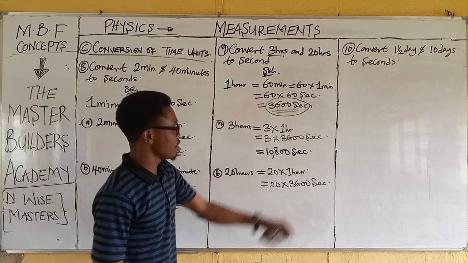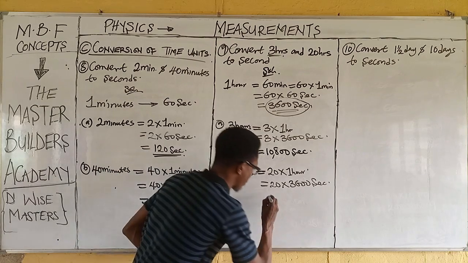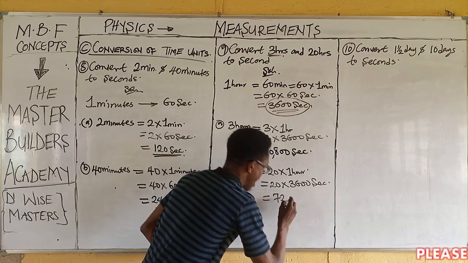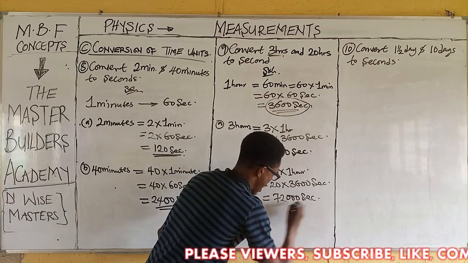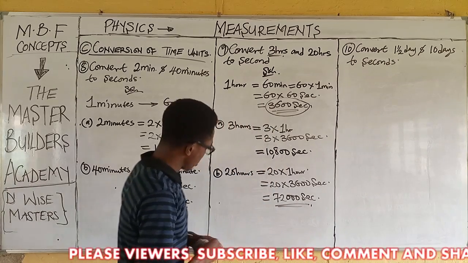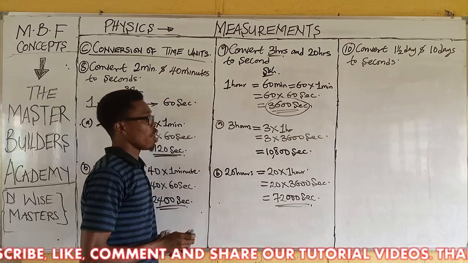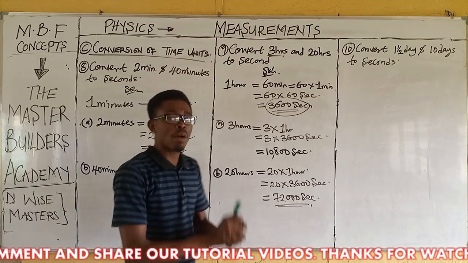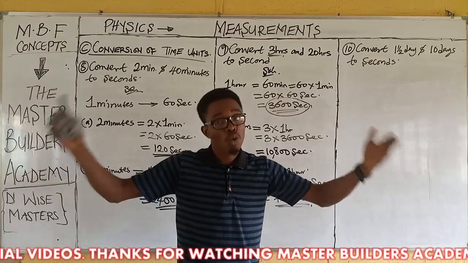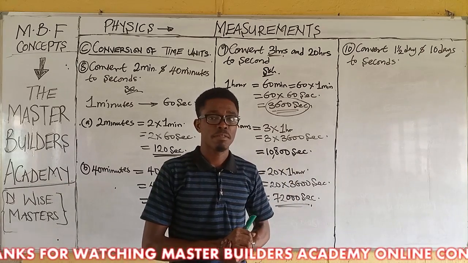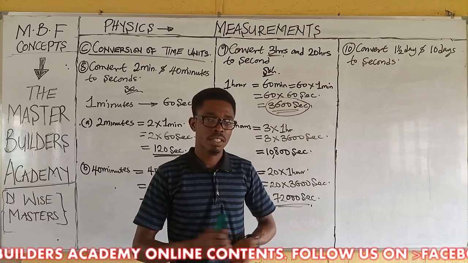So now I have 3 zeros. 36 multiplied by 2, guys. This will have given us 72. And 3 zeros, we have this. This is the answer to this very question number 9. So understand that to convert from hours to seconds, all you simply do is to multiply the given value by 3,600 seconds.